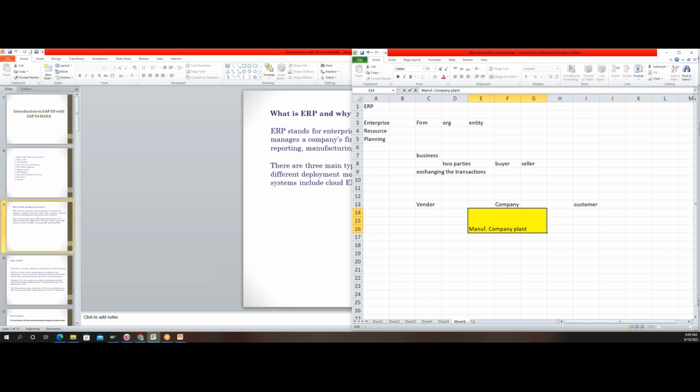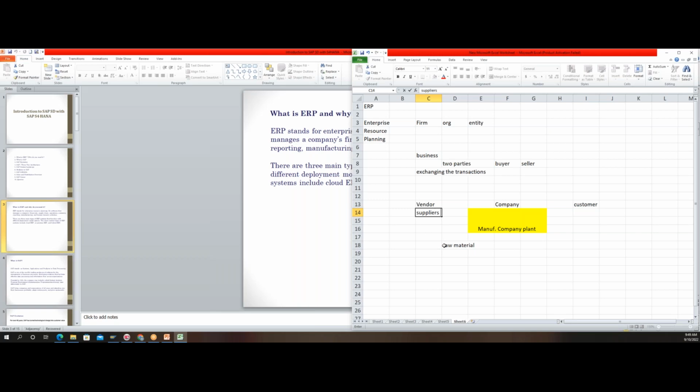It may have a plant where we manufacture the product. So who is a supplier to a company? In order to manufacture something, what do I need? I need raw material. So how do I get raw material? I need to purchase it from some vendors or suppliers.